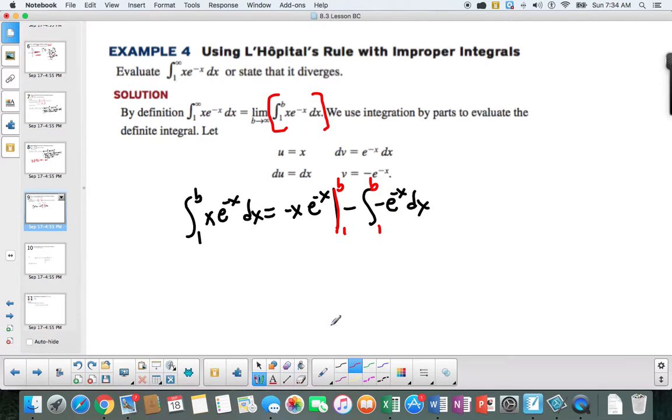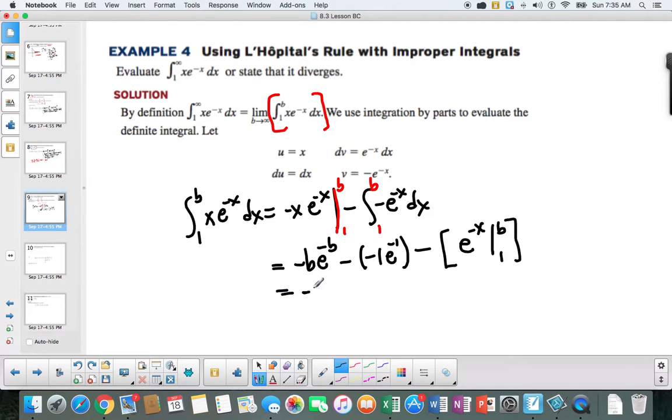So this answer is going to be negative b e to the negative b minus negative 1 times e to the negative 1, minus, and I'm going to put a bracket there. The antiderivative of this is e to the negative x, and this is going to be evaluated from 1 to b.